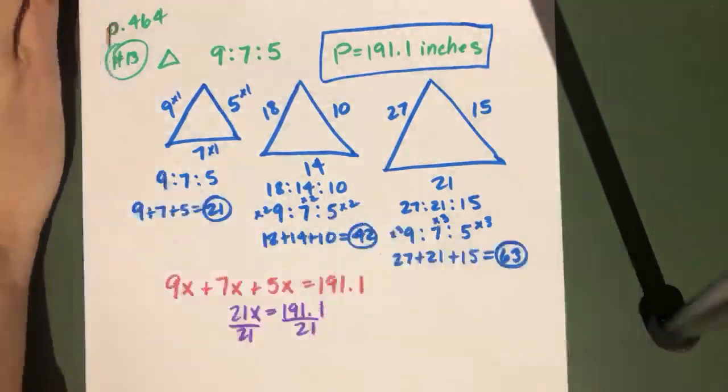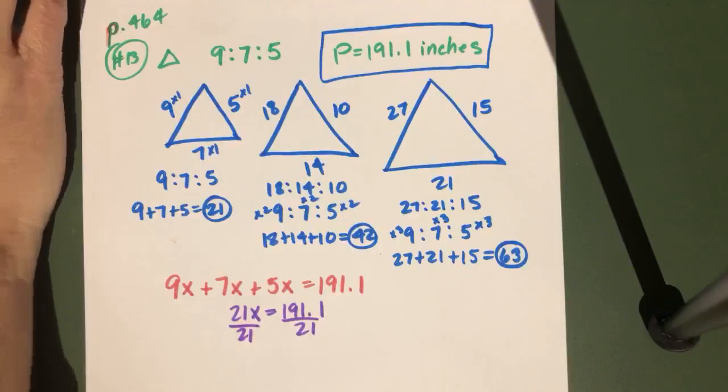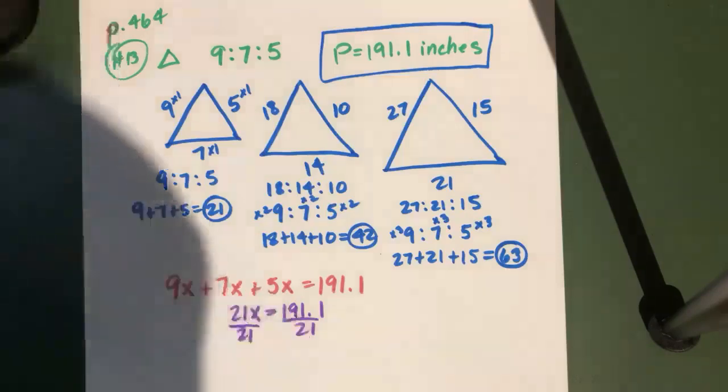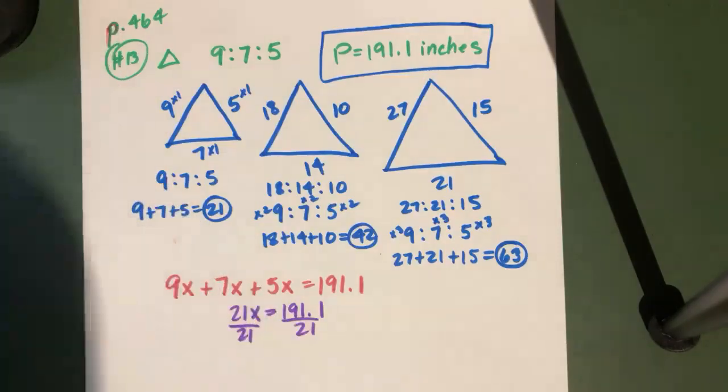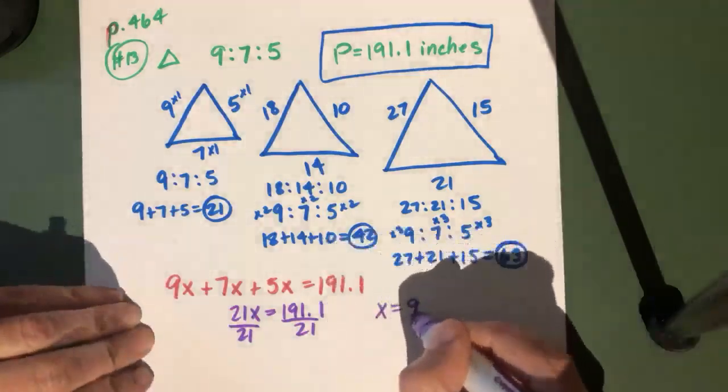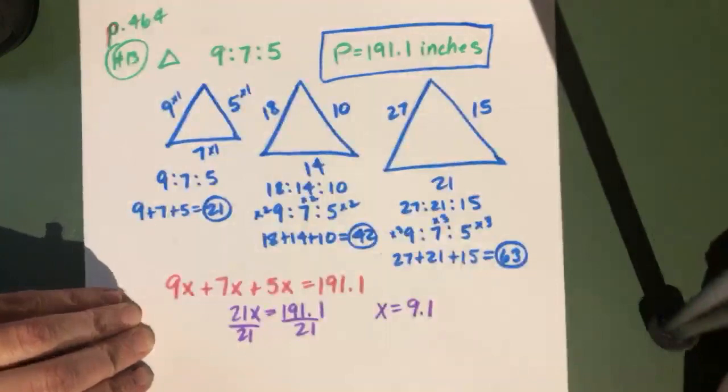And I don't have a calculator, so I'm going to go to my computer and do the calculator. So I'm going to do 191.1 divided by 21. And the answer is 9.1. So x is equal to 9.1.